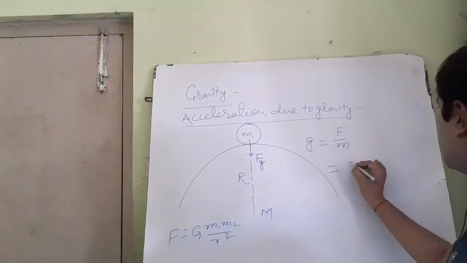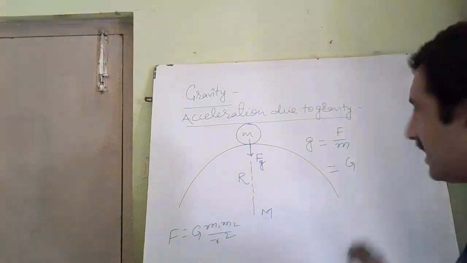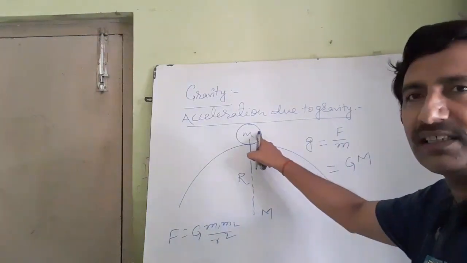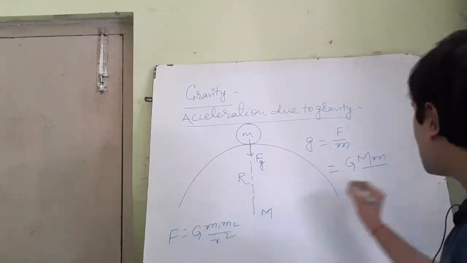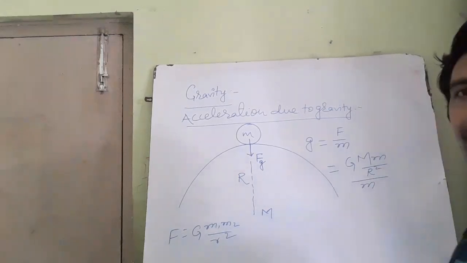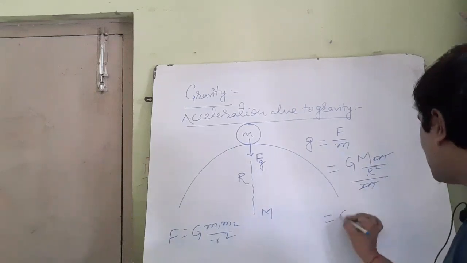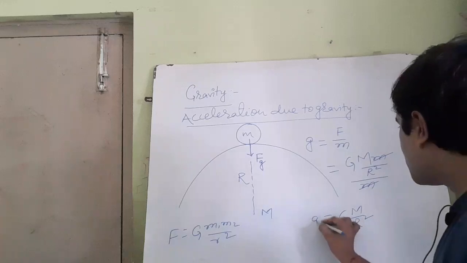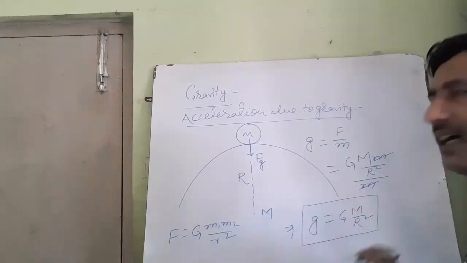F is G times m1, the mass of the earth, capital M, and m2, the mass of the body, small m, by distance r squared, upon small m. So these two m will be cancelled out, and ultimately you will have g is equal to G M by r squared.